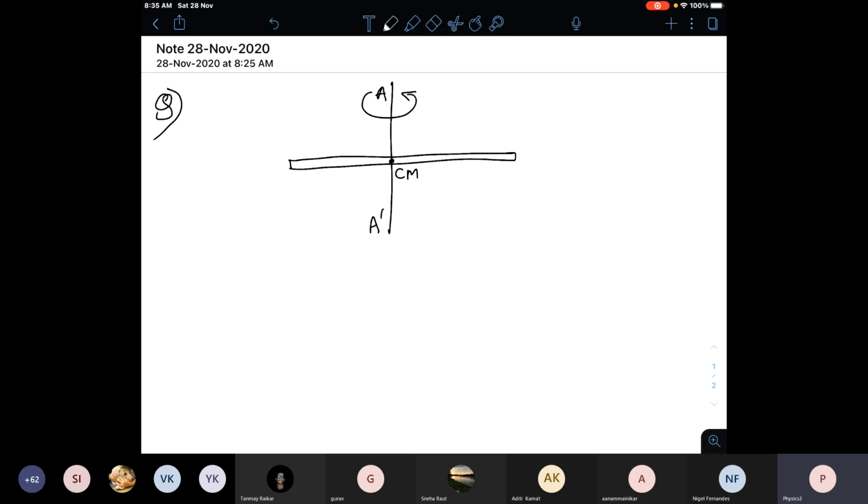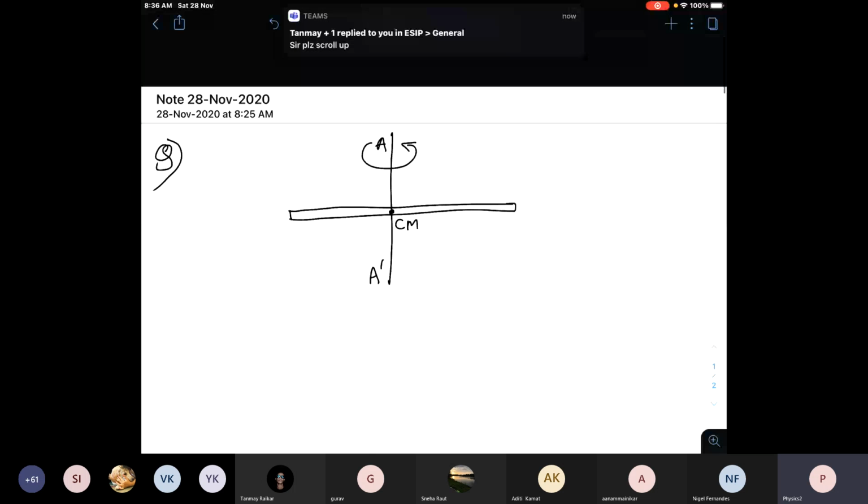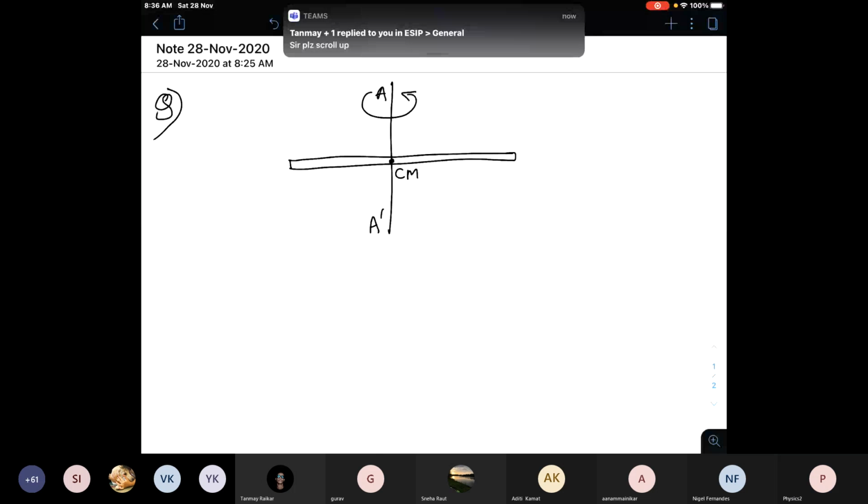But you must have seen in circus that there are jugglers who rotate the stick about its center of mass. So there is a difference in the rotational motion of the same rod.